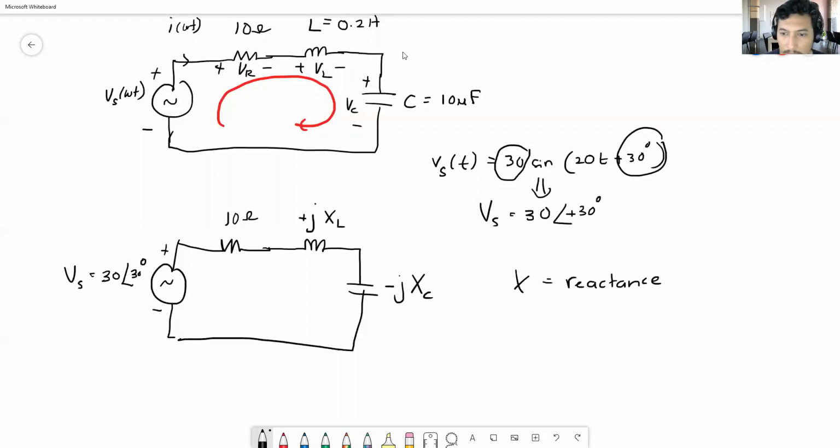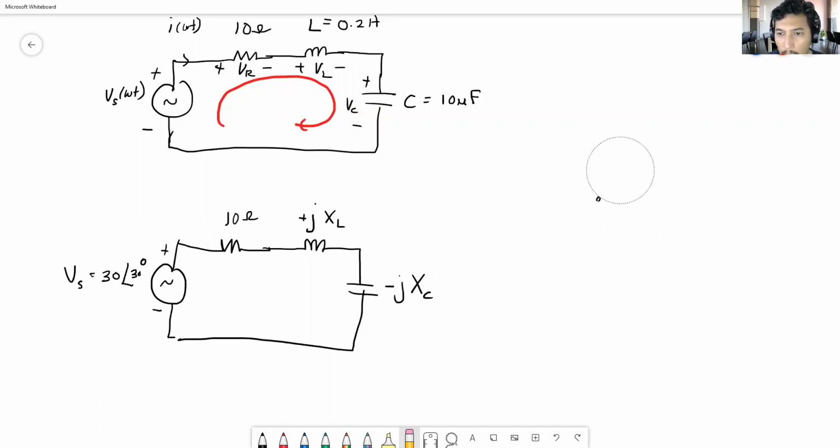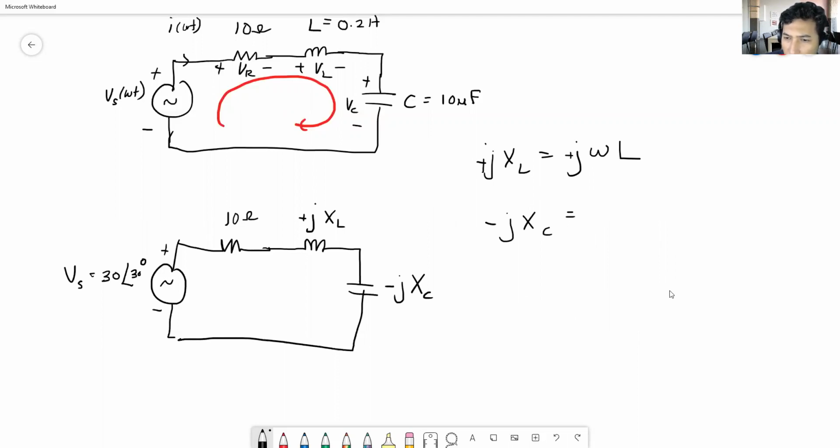X is actually a reactance. So positive jXL is referring to positive j omega L, and negative jXC is negative j 1 over omega C.